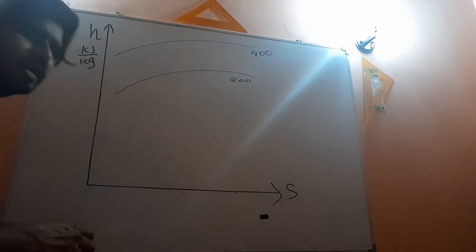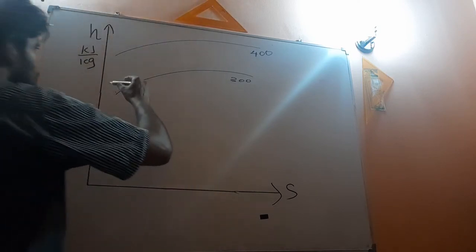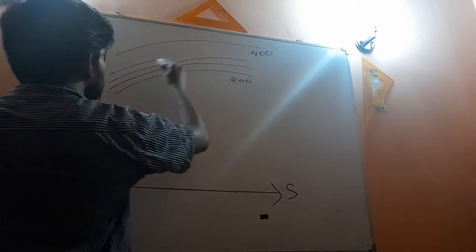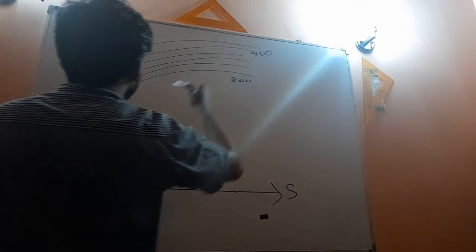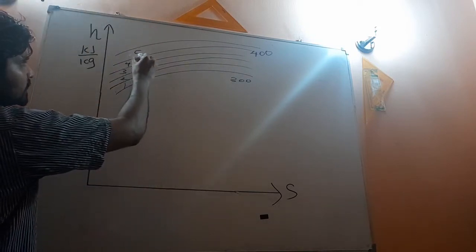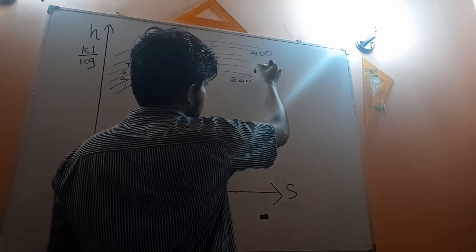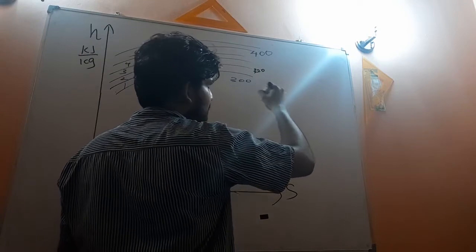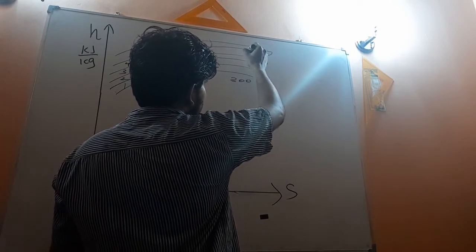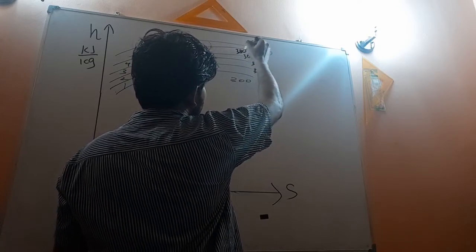If you carefully look at the HS chart, there are 5 subdivisions: 1, 2, 3, 4, 5. So we have the 320 degrees Celsius curve, then 340, then 360, then 380 and 400.